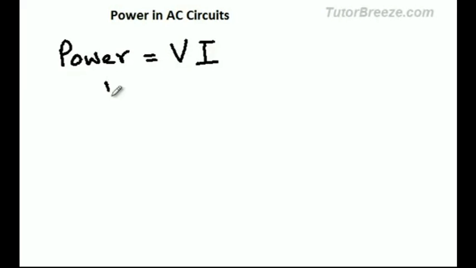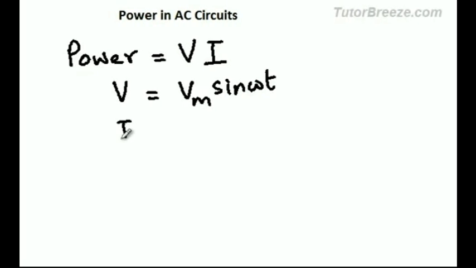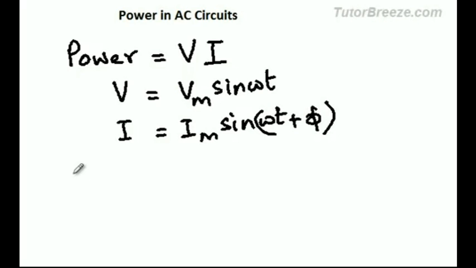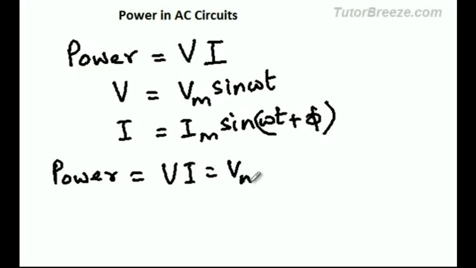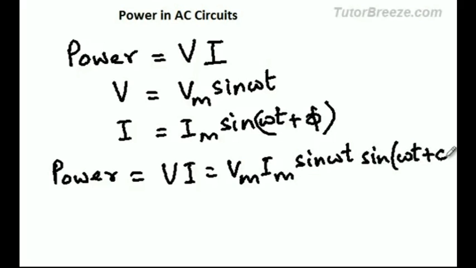Now we just wrote the expression for V as Vm sin omega t and I as Im sin(omega t plus phi). So we can write the power consumed in an LCR circuit as V times I, which is equal to Vm Im sin omega t times sin(omega t plus phi).